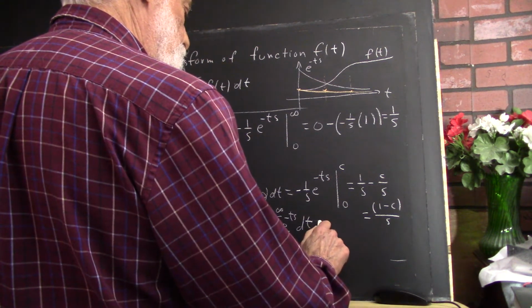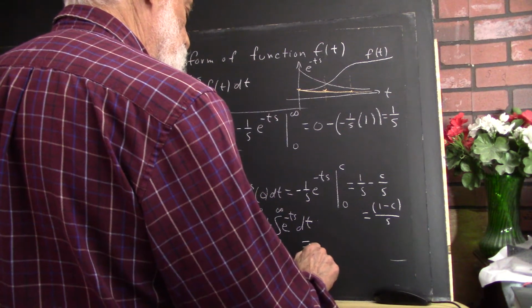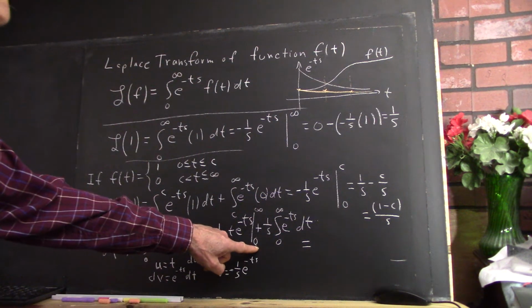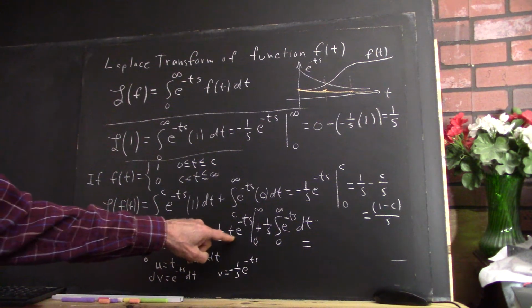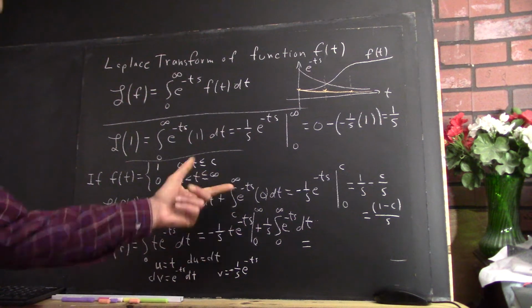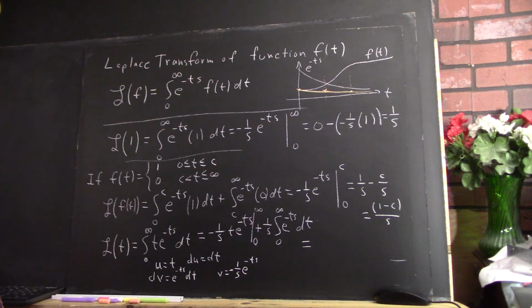And I'm going to write it down here. This is going to equal what? At 0, you get negative 1 over s times 0 e to the negative ts, which is going to be 0.